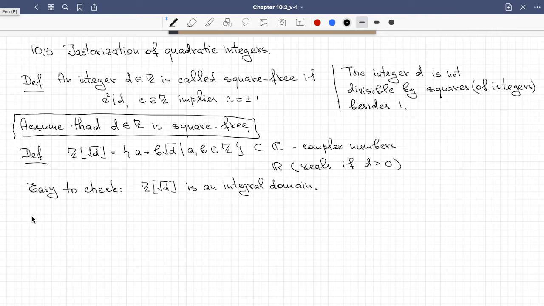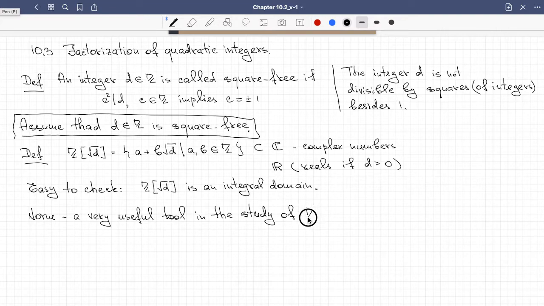So norm is a very helpful, very useful tool in the study of these rings.